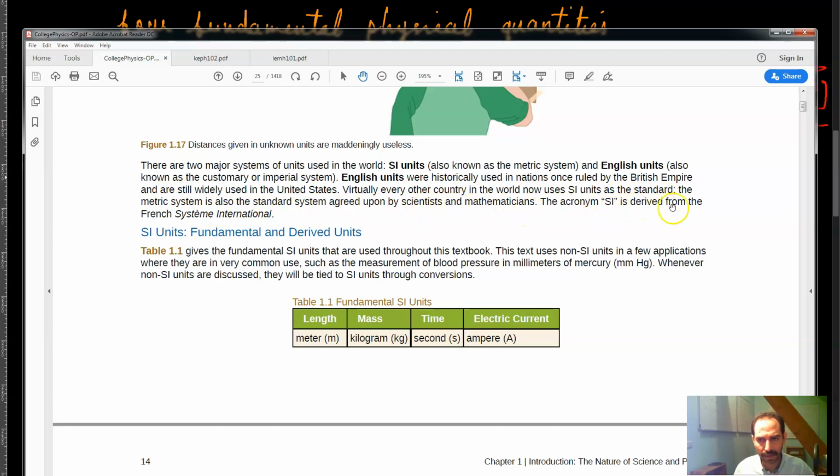The acronym SI is derived from the French Système International, something like that. The name is there because the organization that deals with all of these standardizations of units is some organization, at least in France.